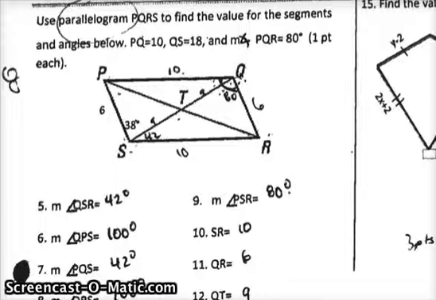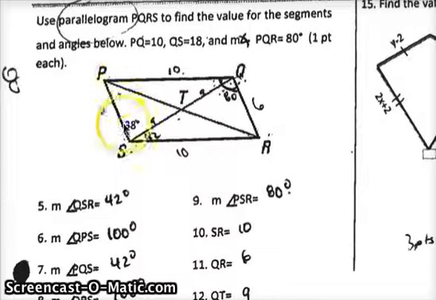For question number 5, it says QSR. QSR is going to be 42 degrees. The reason why is 42 plus 38 gives me 80, and opposite angles are congruent. So that's the property of the parallelogram. Question number 6, QPS. Well, if this is 80, then this one has to be 100.